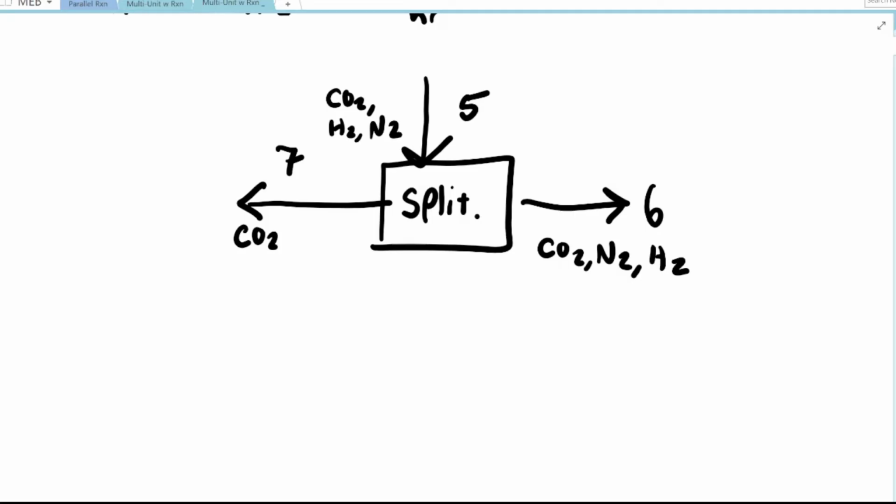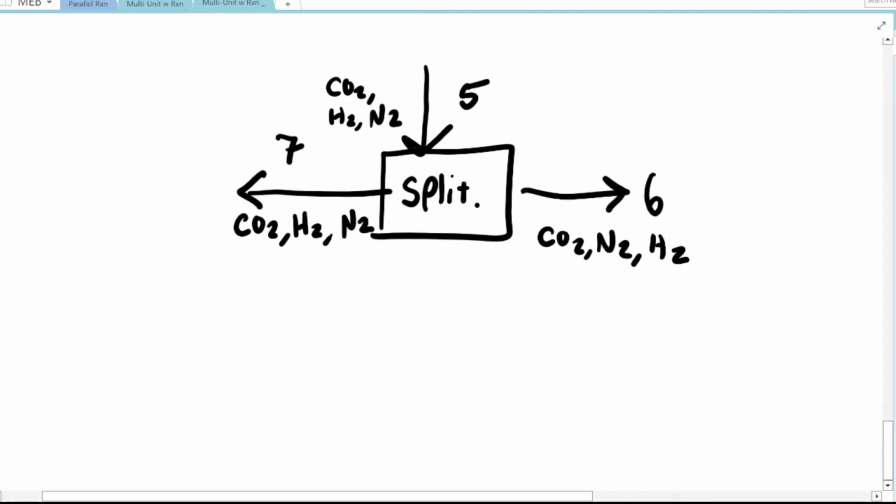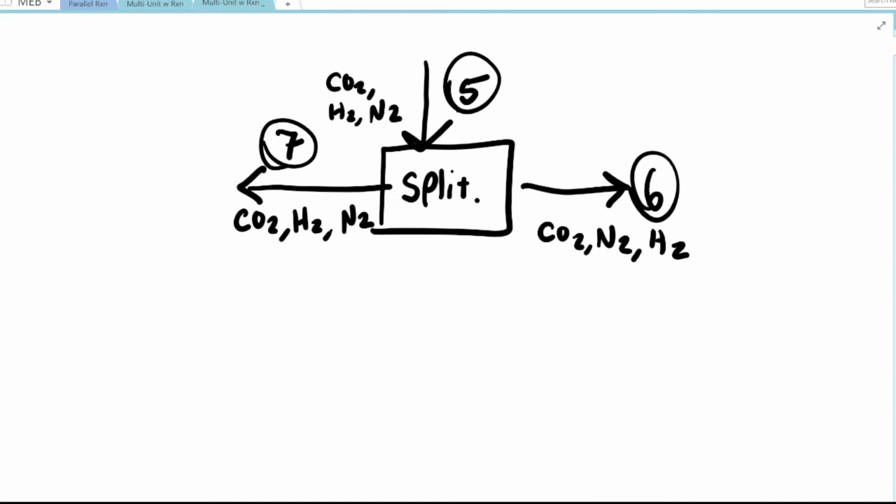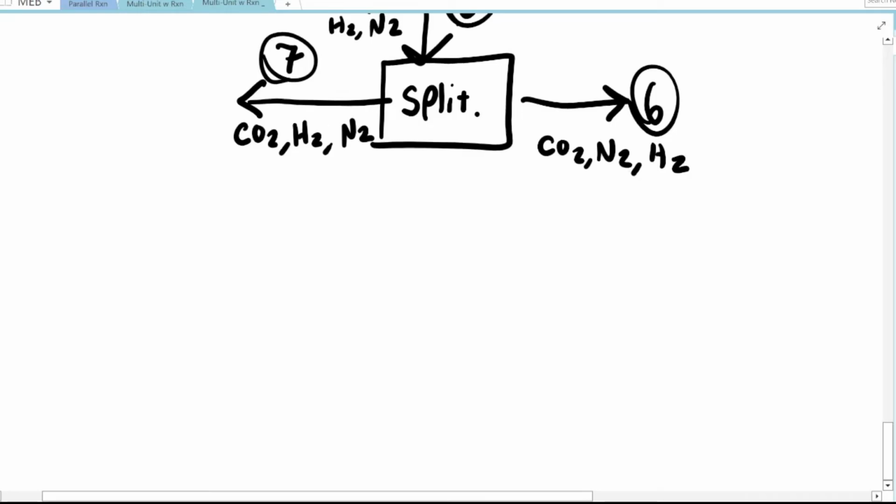The interesting thing about the splitter is that since it is splitting, there is nothing going on to change the composition within streams 5, 6, and 7. For that reason, if we know the composition of one of our streams, we know the composition for all of the streams. And since we know everything about stream 5, we can do that.